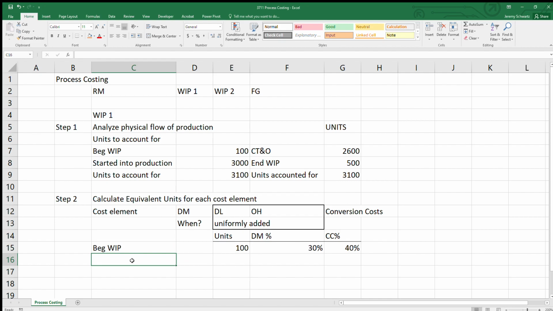And then we would need to go through the process in terms of units that were completed and transferred out. That would be our 2600 here. I need to hit enter there. If they're completed or transferred out, then that would mean that they are 100% complete.